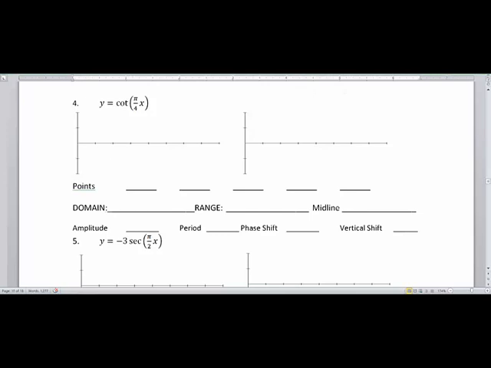We don't have to deal with anything else really other than the period. So let's put in our amplitude as 1 and negative 1. So amplitude is now done. Let us take care of the midline, which is y equals 0. And the vertical shift is 0. The phase shift is 0. But we need to figure out our period so we can do our points and then do our domain and range.